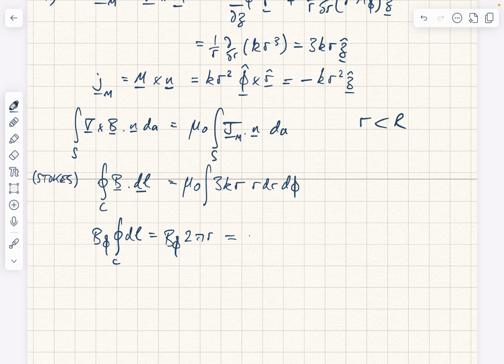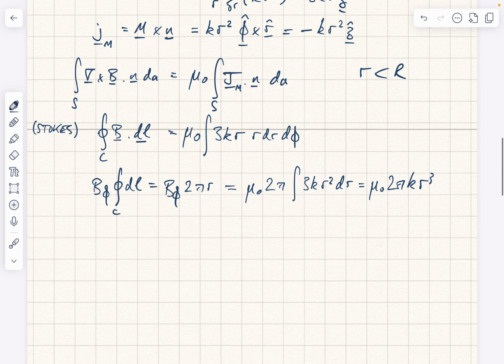And that's going to equal mu naught multiplied by 2 pi, that's the phi integral, and then we've got the integral of 3kr squared dr, and that of course is just kr cubed, so it's mu naught times 2 pi kr cubed. And therefore b is going to equal mu naught kr squared in the phi direction.